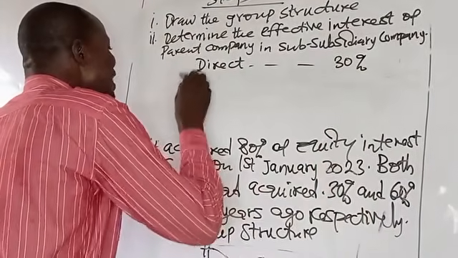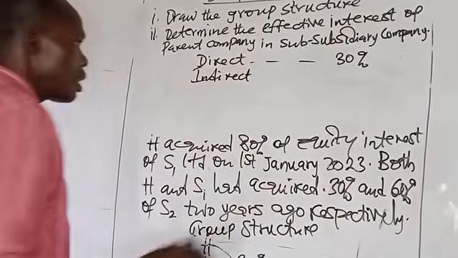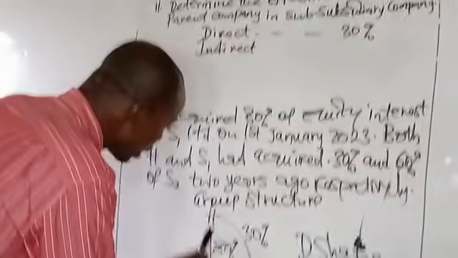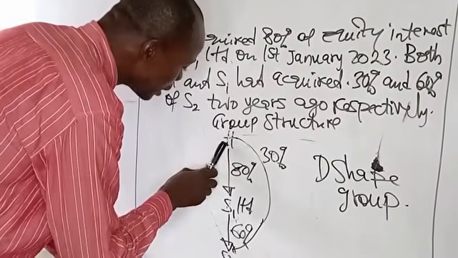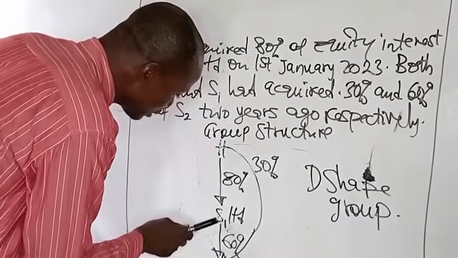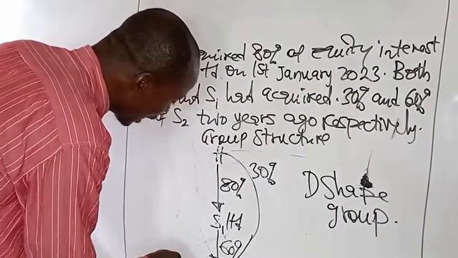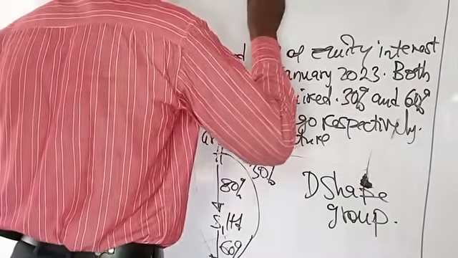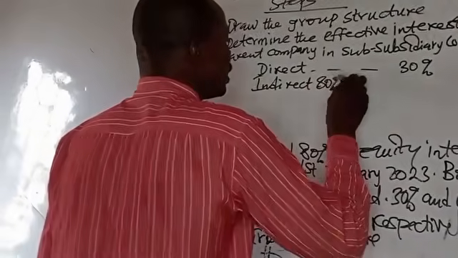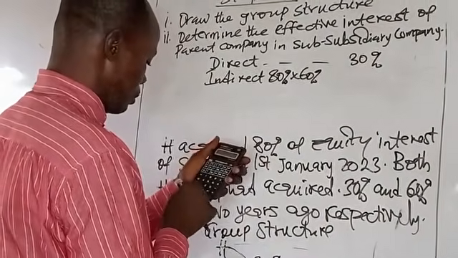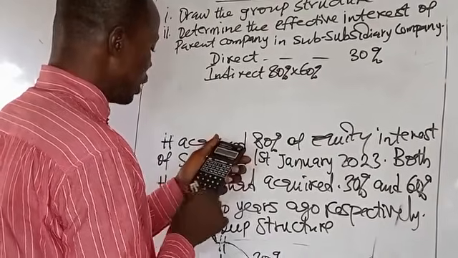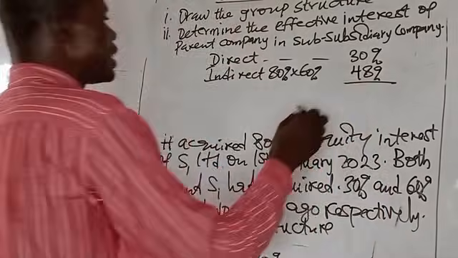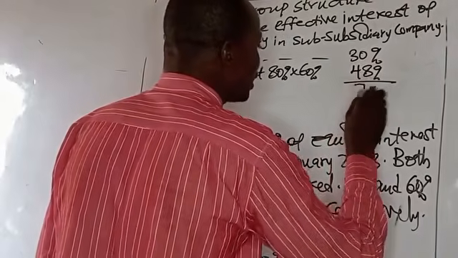Then we also have indirect. The indirect stake will be the product of H's stake of 80% in S1 and that of S1 in S2. That is 80% times 60%, which gives us 48%. If you add 30% and 48%, then you have 78%.